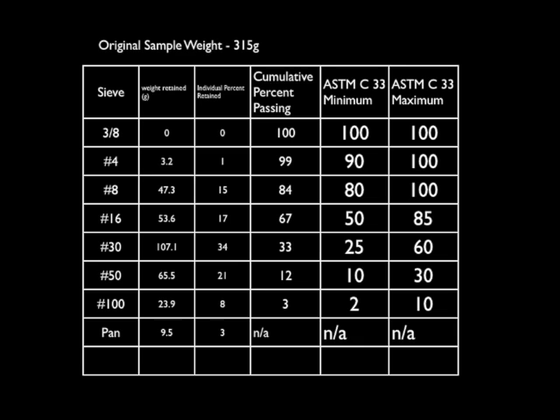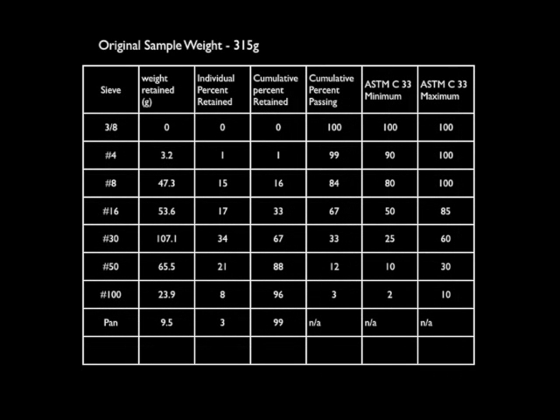Now if we take a look at the next sieve, the number 4, we should be between 90 and 100% passing, and we are. On the 8 sieve, we should be between 80 and 100, and we are. Therefore, our sample does meet the grading requirements for ASTM C33. And here is a final look at all of the numbers generated for our sieve analysis on our concrete sand sample.